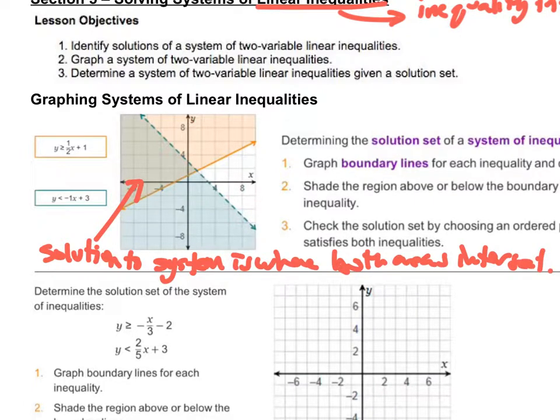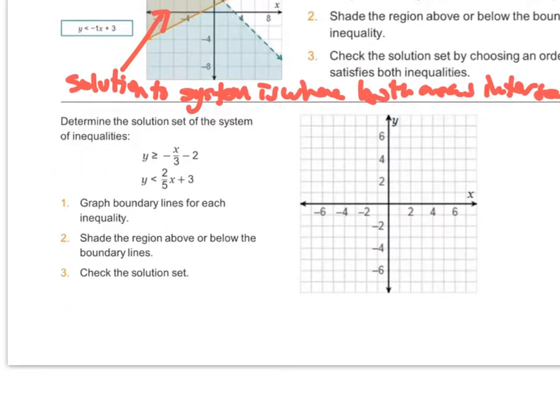Okay, so let's go ahead and jump right into this and get started here. It's going to be the same thing as we did on the last one, just that we want to make sure we do both of them and graph where the solutions are for both.